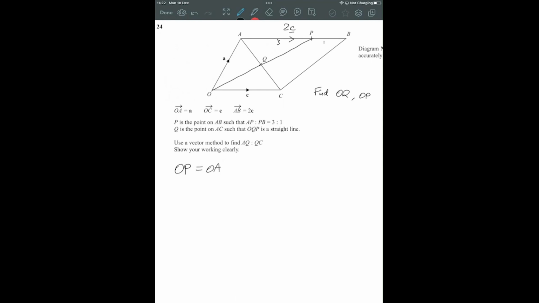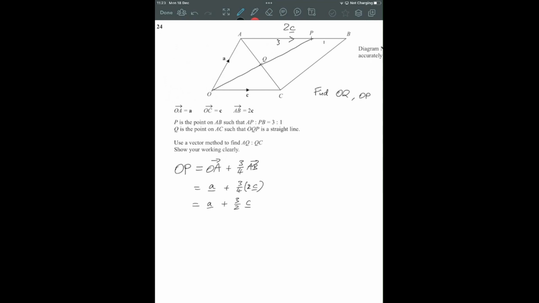OP is OA plus, well, AP is 3/4 because of the ratio of AB. So that's going to be a for OA plus 3/4 of 2c. I was expecting it to be a b, and therefore OP is a plus 3 over 2 c.